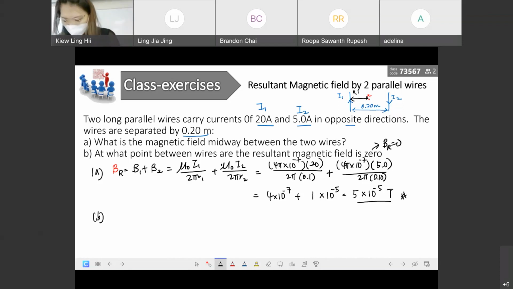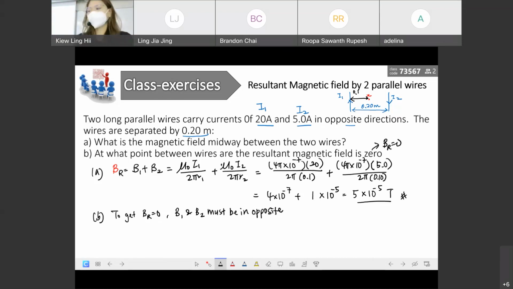In order to get the resultant field equal to 0, your B1 and B2 must be in opposite directions, right? Then you will get a chance to get BR equal to 0. If B1 plus B2, you will never get 0. So in order to get BR equal to 0, remember it must be B1 minus B2 or B2 minus B1.